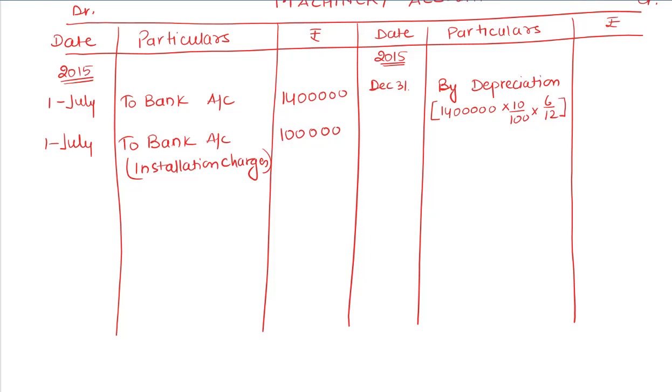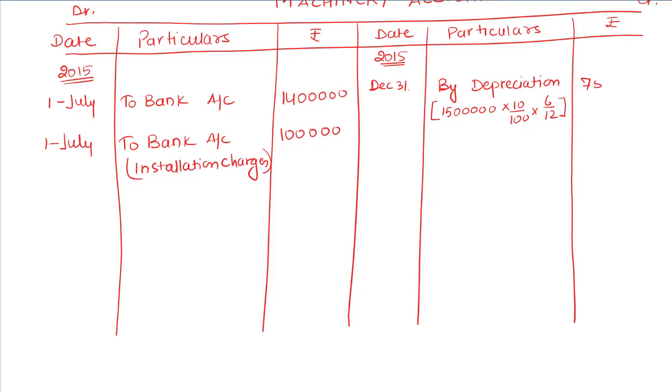Do it on your calculators. 14 lakh multiplied by 10% for 6 months. Okay, we have not added this 1 lakh over here. So it won't be 14 lakh, it would be 15 lakhs. Kindly rectify this. This would be 15 lakhs for 10% for 6 by 12.